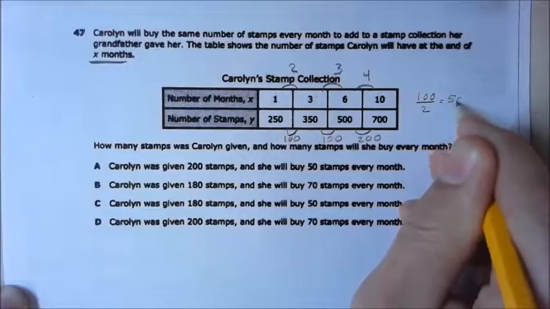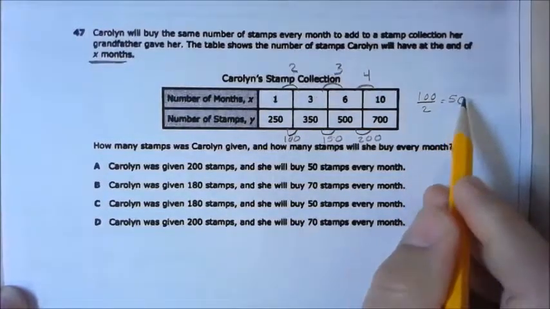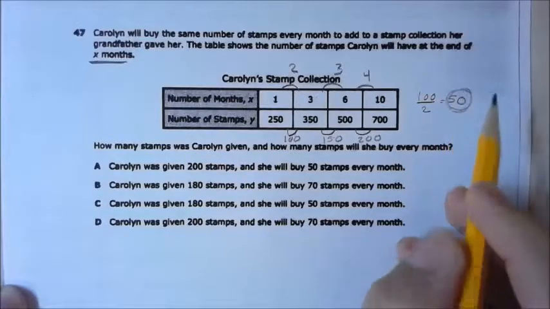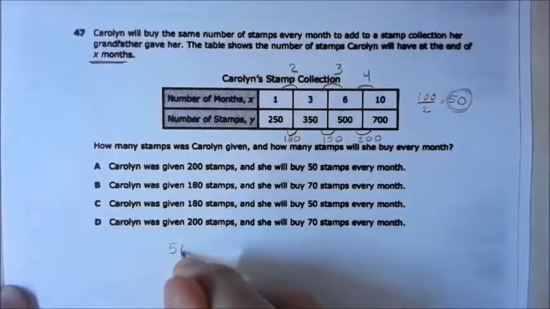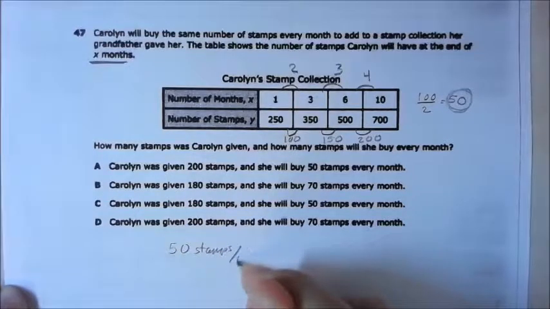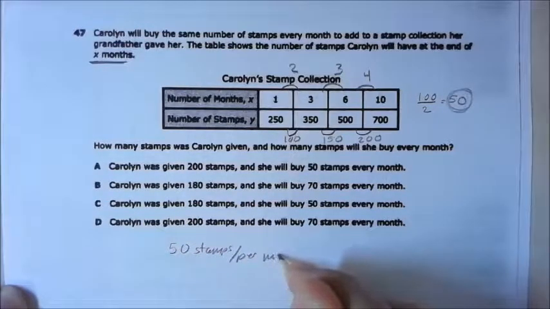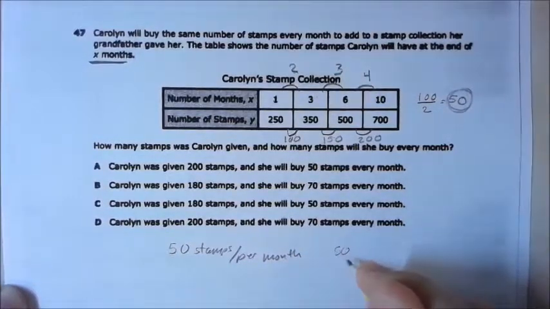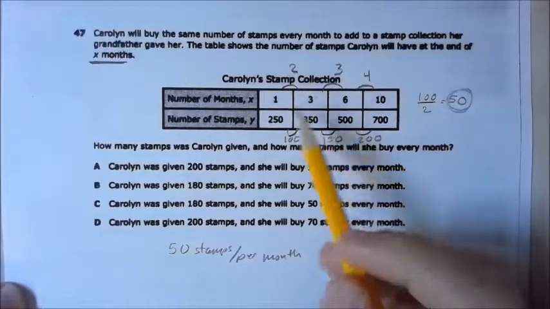That means we're getting 50 stamps a month. And if we want to check this right here, 50 stamps a month is our unit rate. So let's write that unit rate, 50 stamps per month. It's just easier to think in unit rate, or we could say 50 over 1. And we can verify that, right?